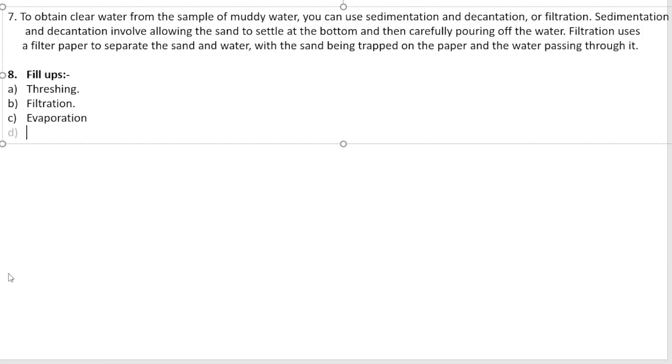so our next fill-up is: impurities settled at the bottom when muddy water was kept overnight in a bucket. The clear water was poured off from the top.